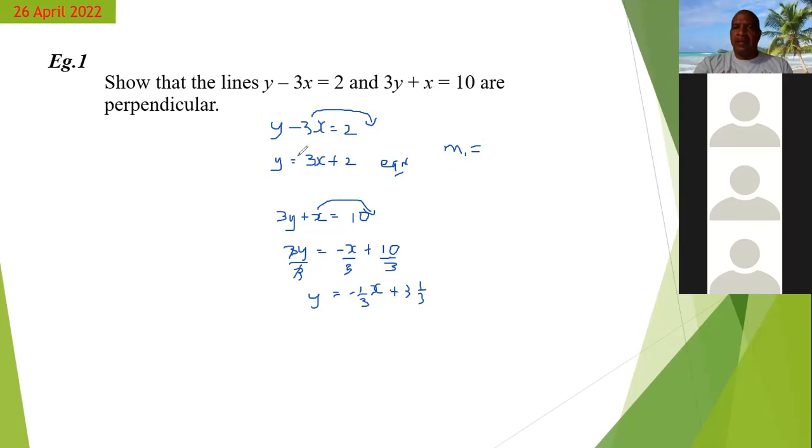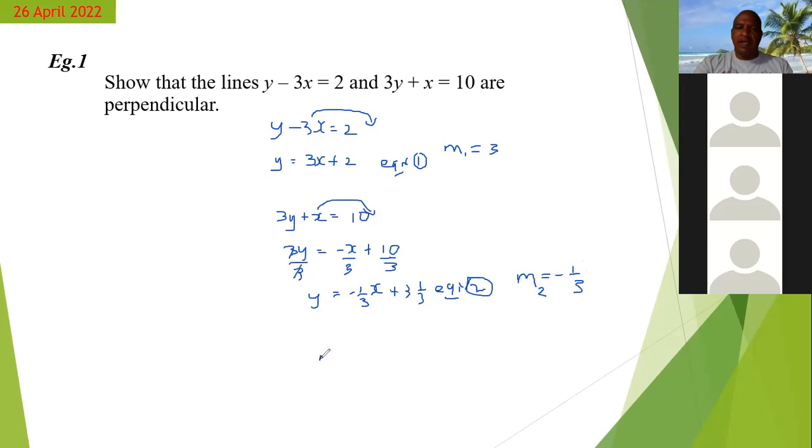Not 3x, remember, sorry, the coefficient, so that would be just 3. And from the second equation, so this is equation 1, this is equation 2, and now we want M2. -1, sir. And that would be negative 1/3.